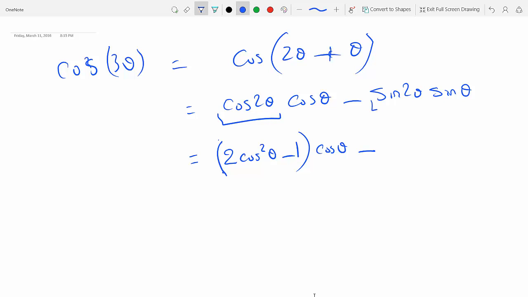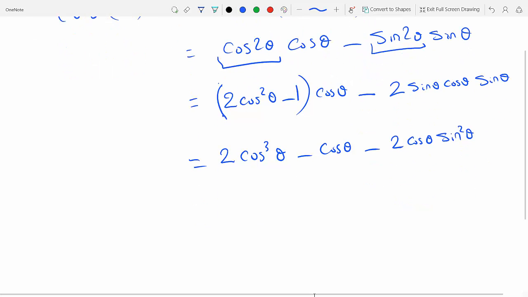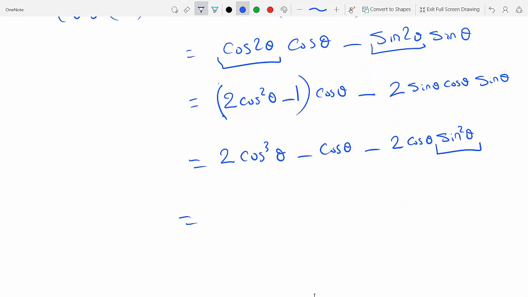There's a trig identity that says sine 2 theta is 2 sine theta cosine theta, times sine theta. The objective is to get everything to cosine. So if you expand, you will get 2 cosine cube theta minus cosine theta minus 2 cosine theta, and you have sine, this becomes sine squared.